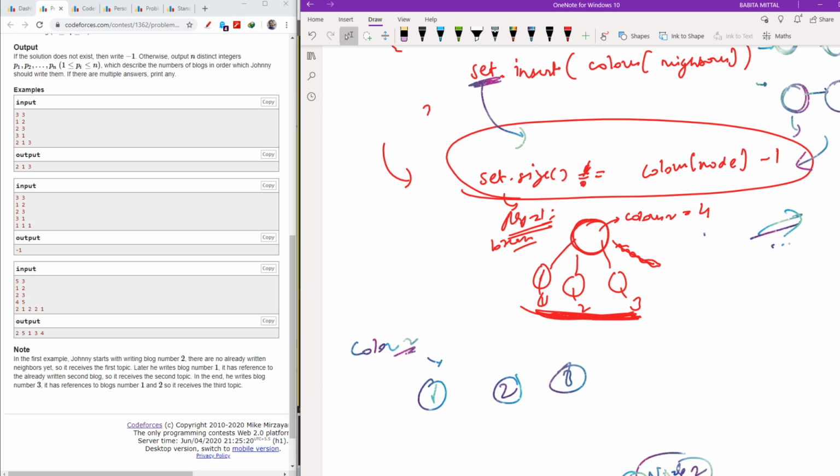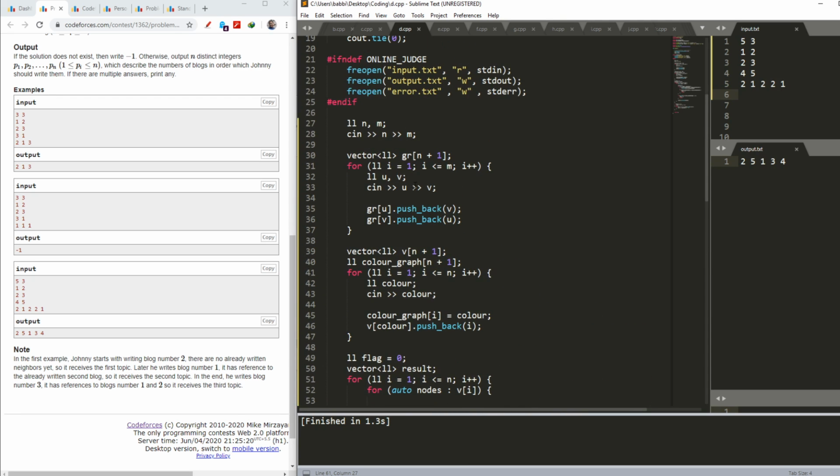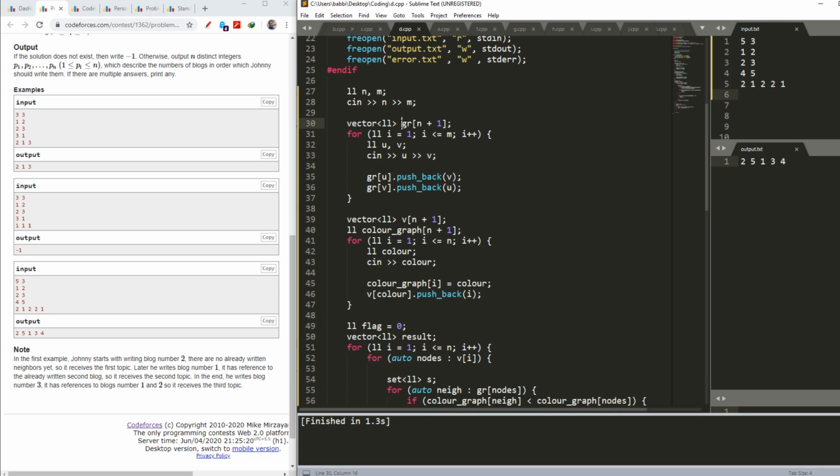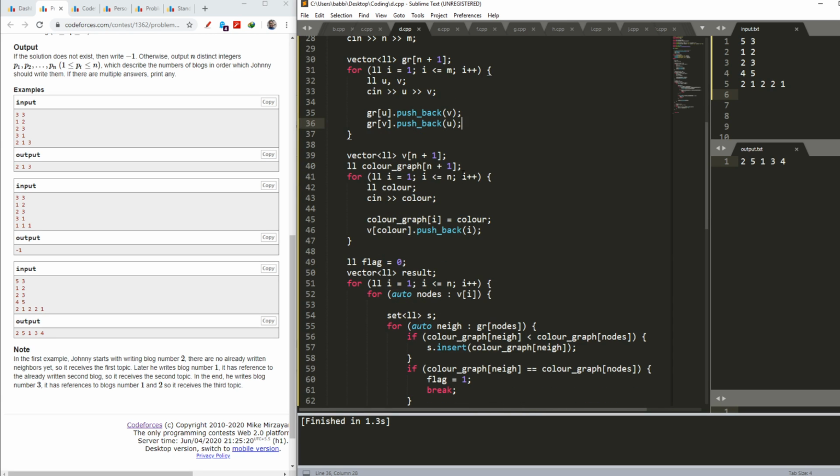So let me quickly show you the code. As you can see in the code, I have n and m. I first took my graph, and as usual, I made the graph. I had a vector v, which indicates, for a particular reference, what nodes are attached to it.